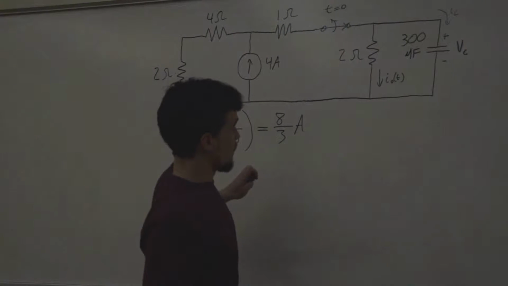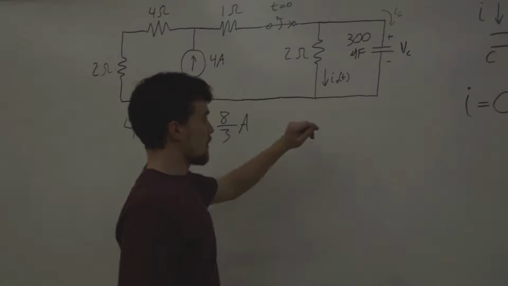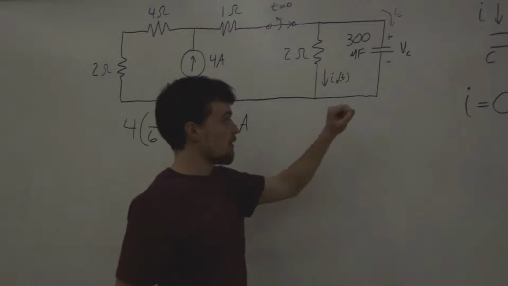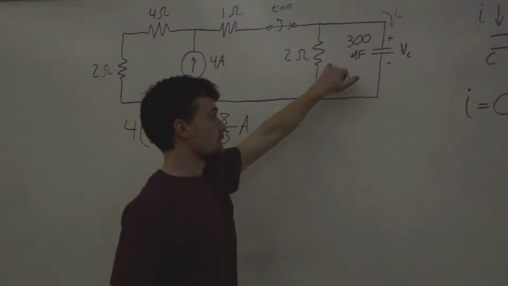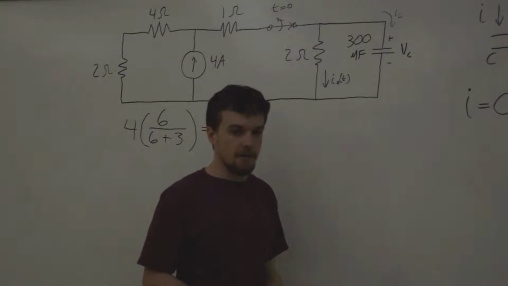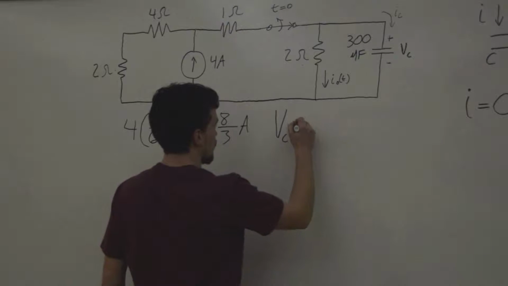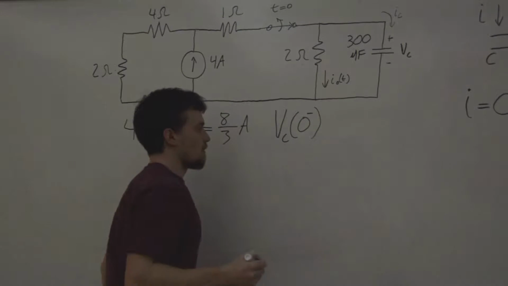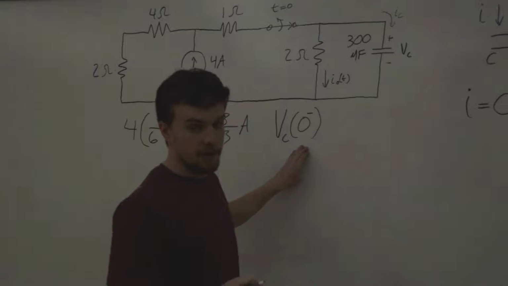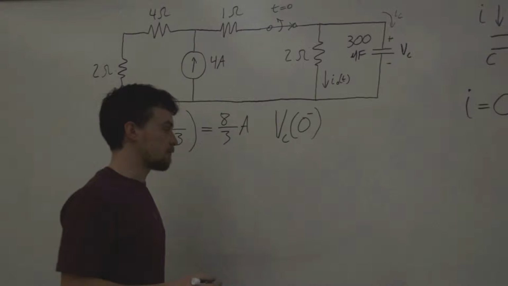Now we can also get from this an initial value for this voltage. There's no current flowing through here, so the voltage across this capacitor is the same as the voltage across this resistor. And since we know the current through that resistor, we're going to call values before time equals 0, 0 minus.